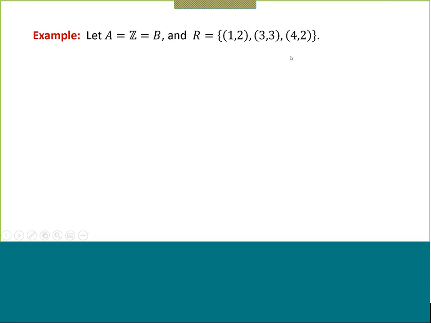This guy right here is what is known as a finite relation. Any guesses why I would say it was a finite relation? Don't overthink it. The buzzword there is finite.